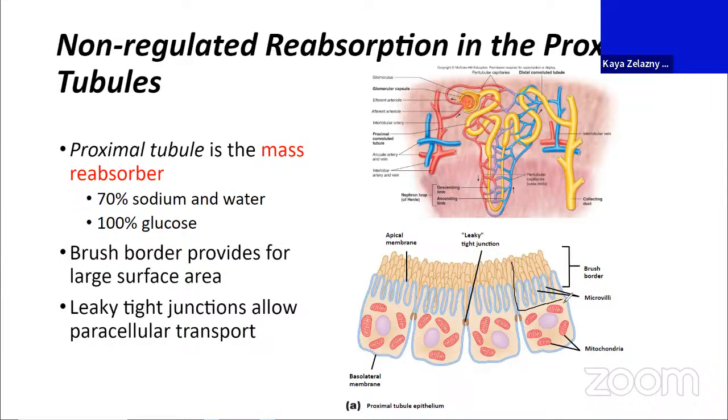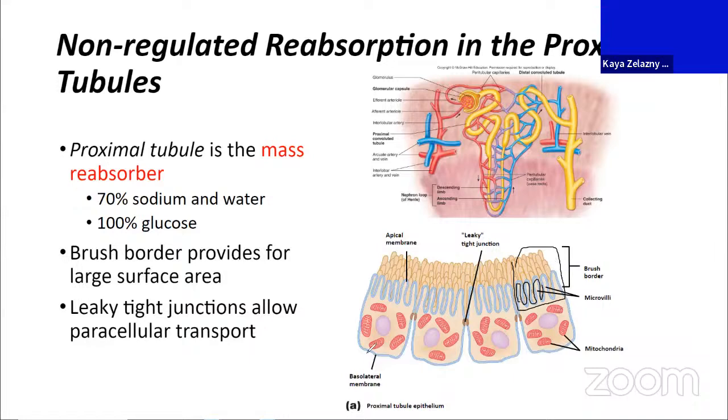So this brush border on the apical side, so the side facing the lumen of the tubule, so the side facing the filtrate, the stuff that's going to become urine. We have lots of projections, so lots and lots of surface area. So hopefully we have lots of room for the substances going through the nephron to run into the membranes of these cells in case we want to suck them back up.